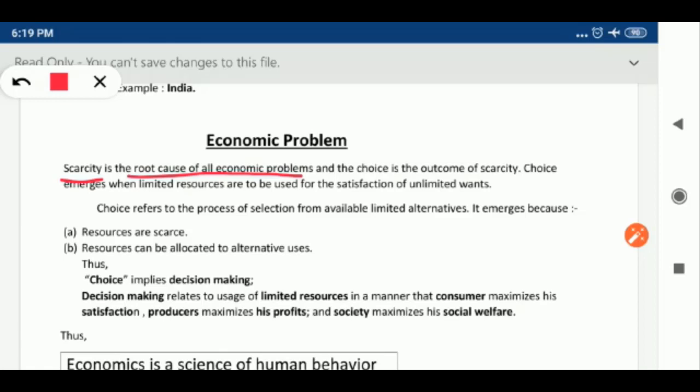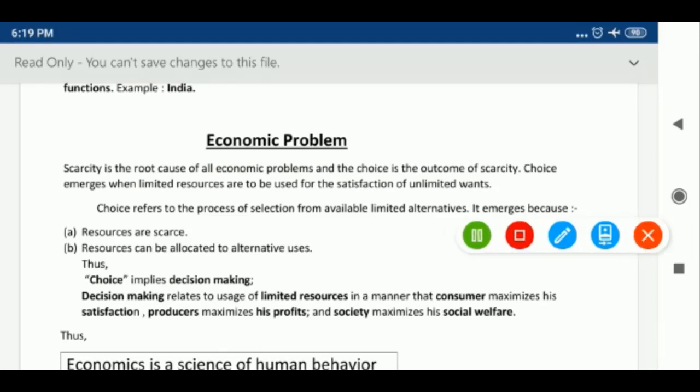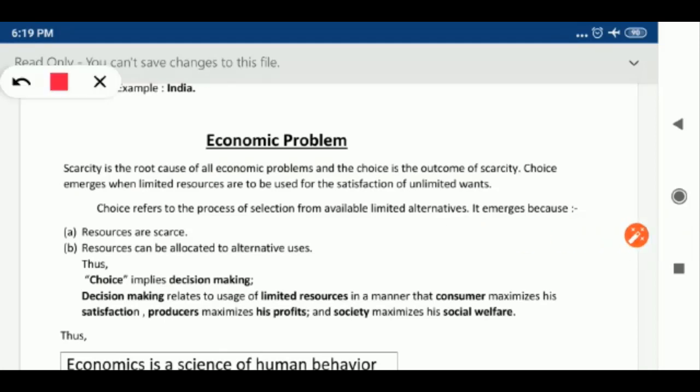But in economics it means limitation of supply of a commodity in relation to its demand. Both are the same in meaning, but in economic terms we use the terminology supply and demand for a commodity.